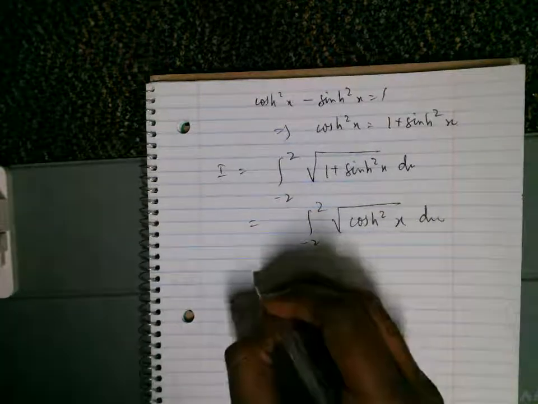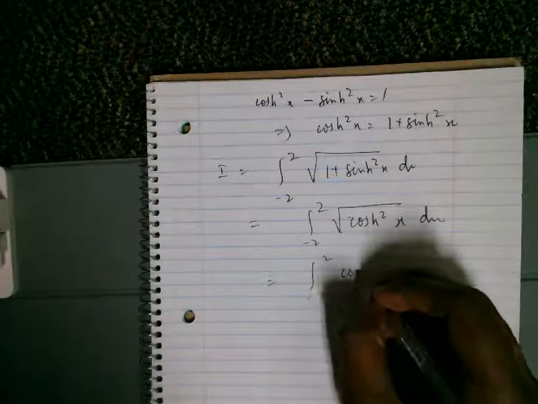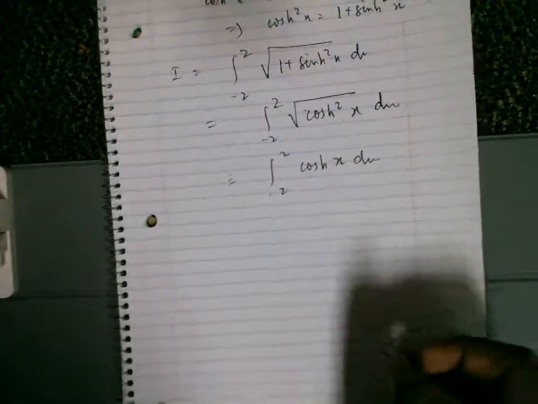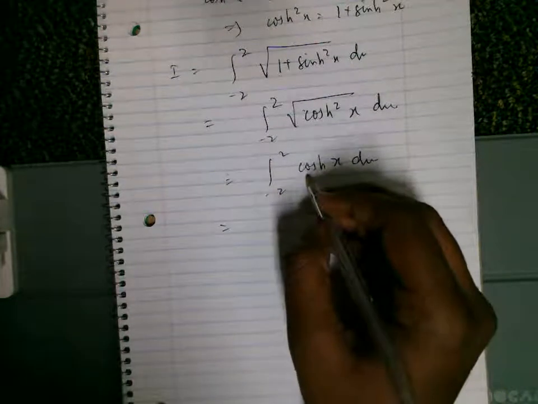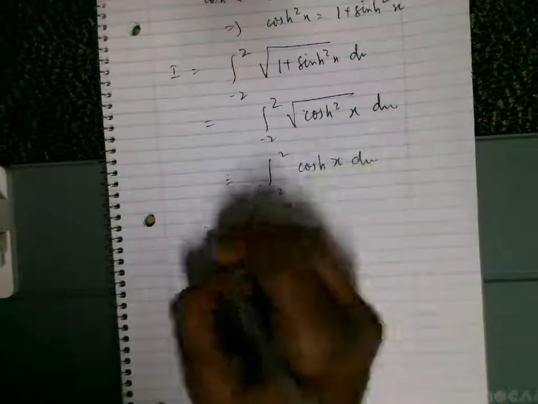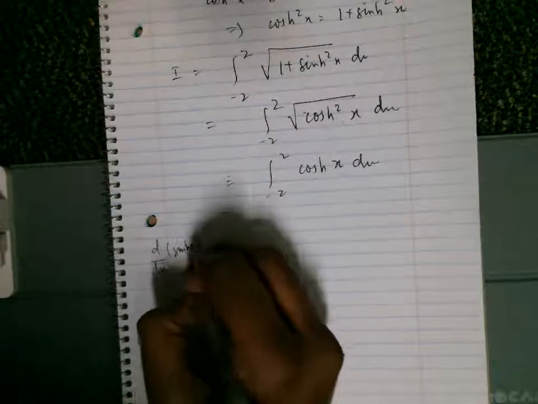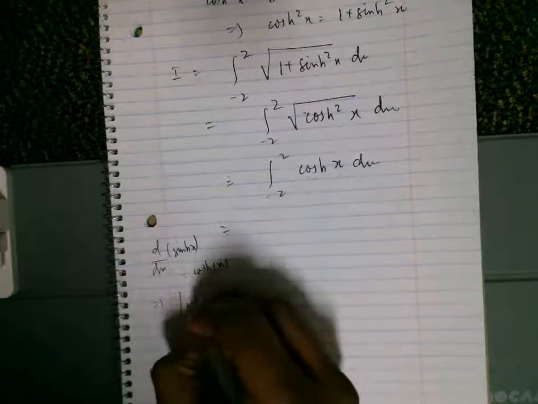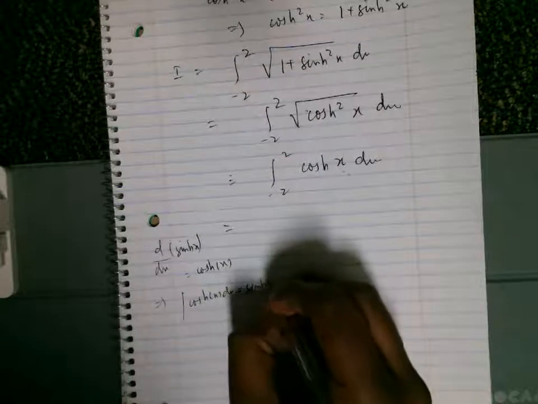The square root of some squared function is just the function itself. So now we want to integrate cosh of x. We know that the derivative of sinh of x is equal to cosh of x.